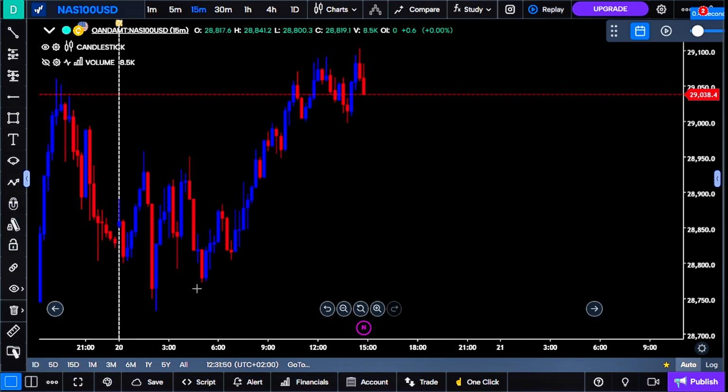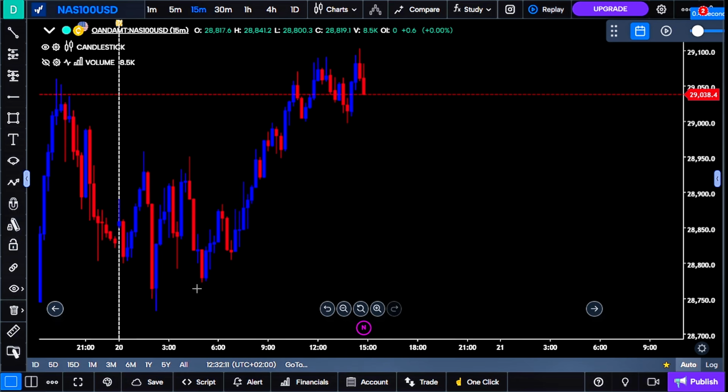Thirdly, I have to know the ADR, the average daily range, especially if I'm going for a continuation. If I'm going to take a trade as a continuation, I have to know if the market has reached the ADR or not. Fourth and final, I have to check what is going on between midnight and 9.